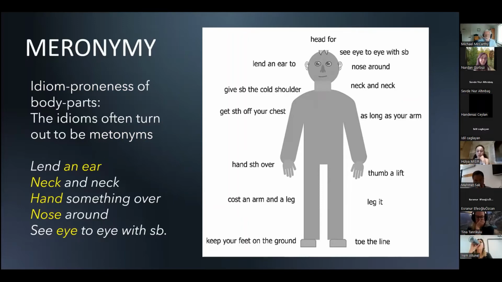So it seems to be a natural choice to choose the ear as the quality of listening and understanding, the neck as the quality of how in a race you can in fact put your neck forward and win the race by a couple of centimeters. The hand as being the quality of giving something to another person.